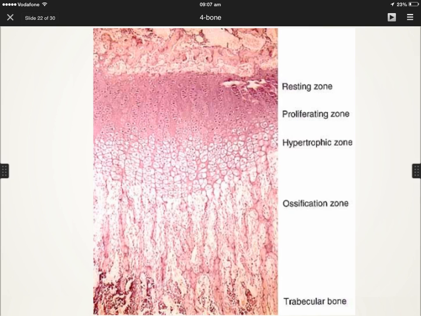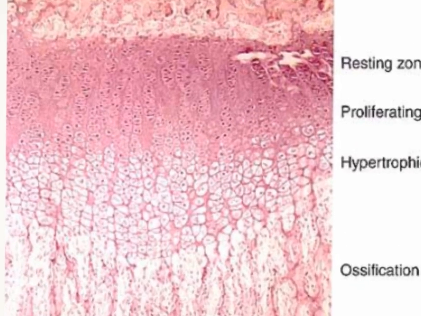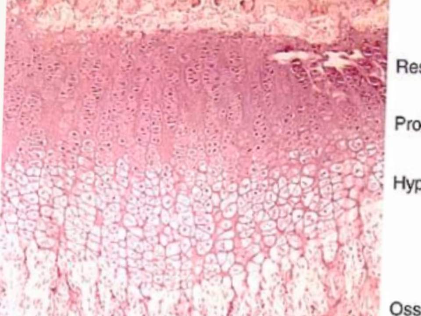Then the cells begin to increase in number by mitosis. So we have columns of cells above each other. So here we have the discrete cartilage cell, and then we have the cells have proliferated in number, increase in number, and became arranged above each other like the coins.